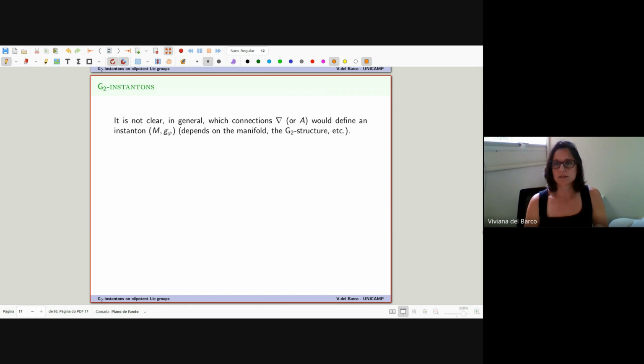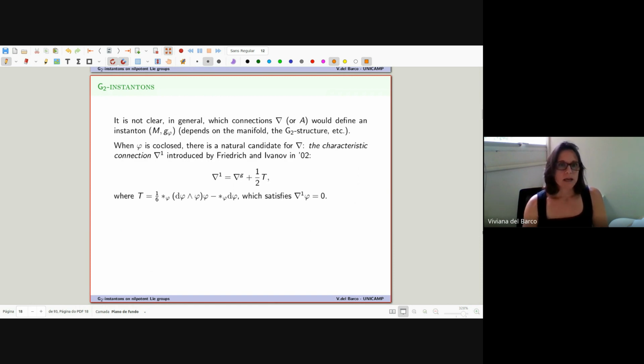You may have instantons that work for one G2 structure but not for others, etc. When phi is coclosed, and that's why I gave this condition, there is a natural connection nabla to choose, which is the characteristic connection, introduced by Friedrich and Ivanov in 2002, and is defined by the Levi-Civita connection with this torsion T, where the torsion is the one I defined before.